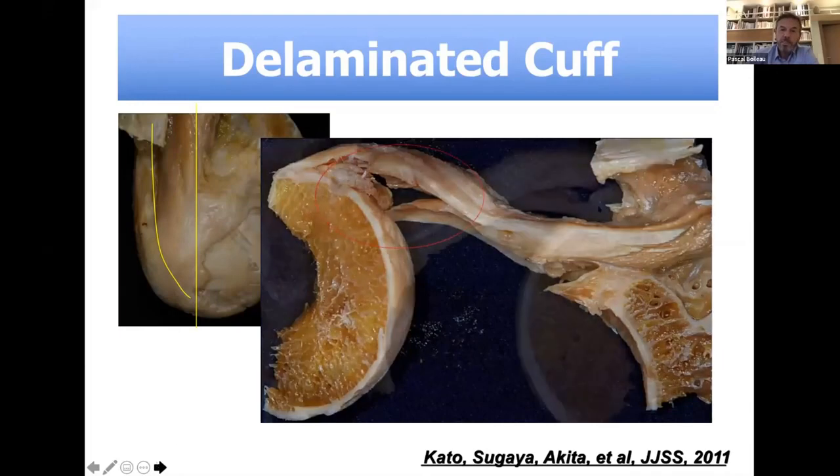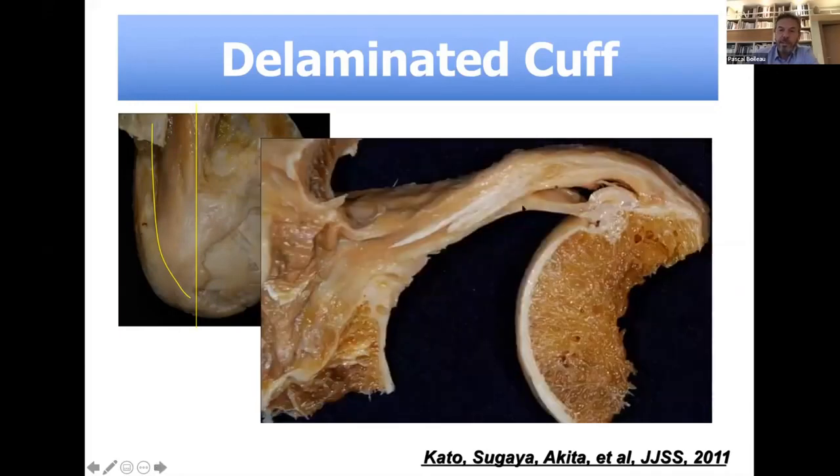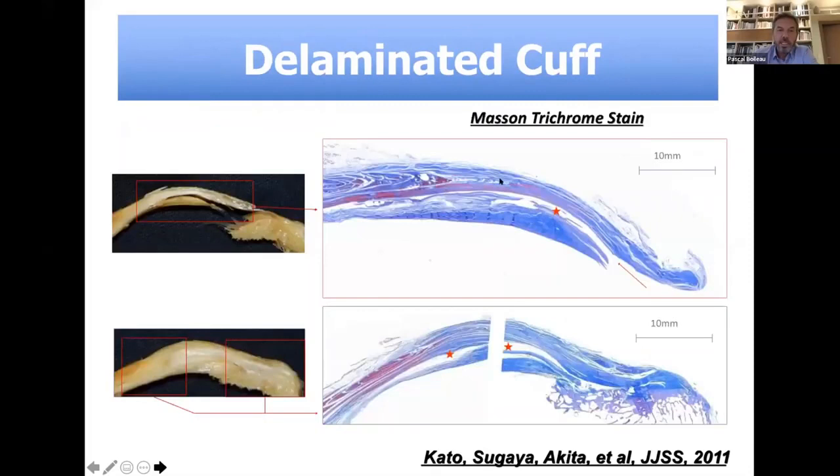It's well seen in this area where you see the capsule here, you see the tendon here, and you see the space because it needs to slide all together for the normal physiology of the shoulder. It is well seen on the histologic preparation here, where you can see that in the normal cuff, there is a space between the capsule and the tendon. And of course, when you have a tendon tear, this space is different.